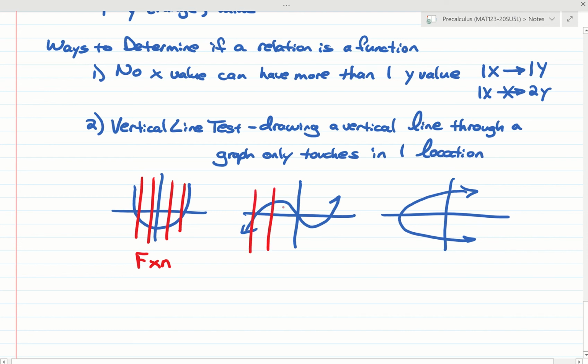Same thing here. We draw a vertical line, it only touches in one place, so we'll call this a function. Clearly, if we draw a vertical line here, this is not a function because it crosses in more than one place. So we say it fails the vertical line test.